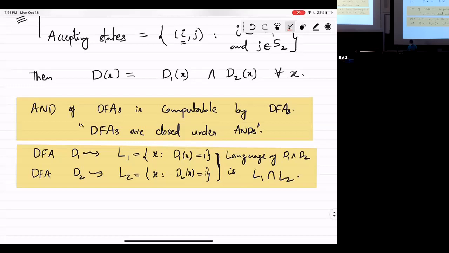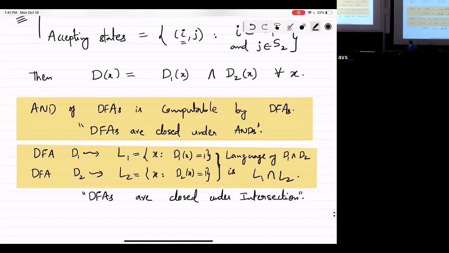That's equivalent to intersection. All right. So sometimes you might also see this stated as: DFAs are closed under intersection. Okay, this is all the same phenomenon, different ways of saying the same thing.